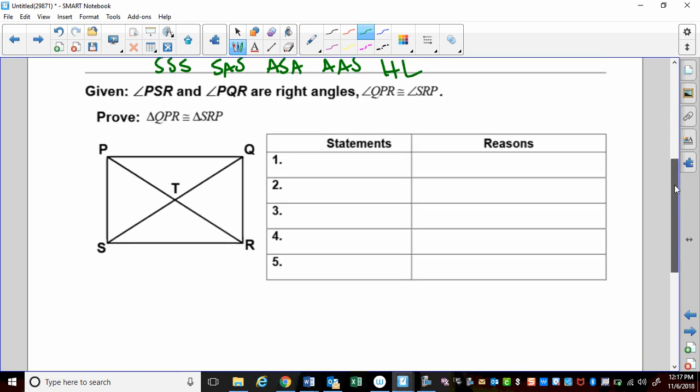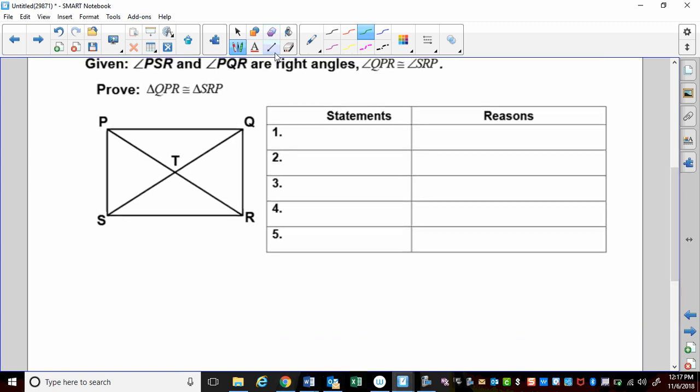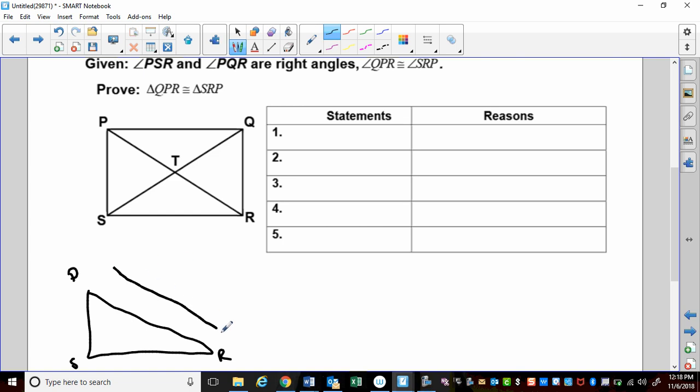Okay, so I'm going to redraw these triangles separate. Always redraw your triangles if they're overlapping. This one, I think you can do without redrawing them, but I want you to get in the habit of it. And then the top one.